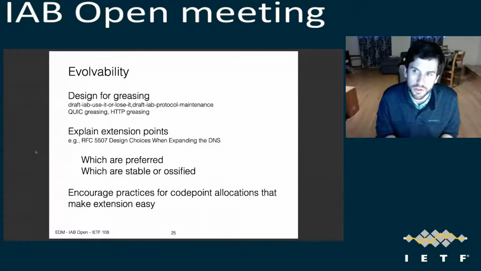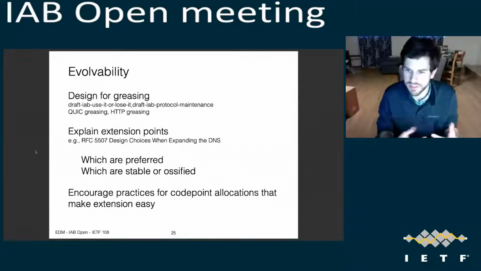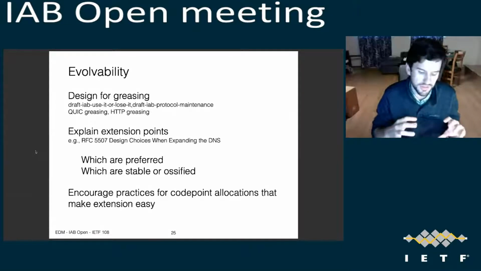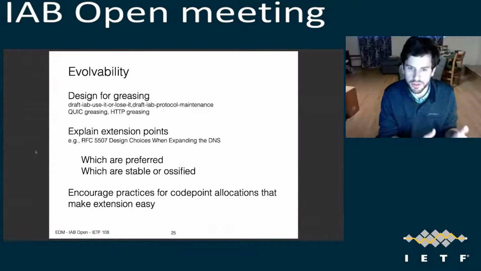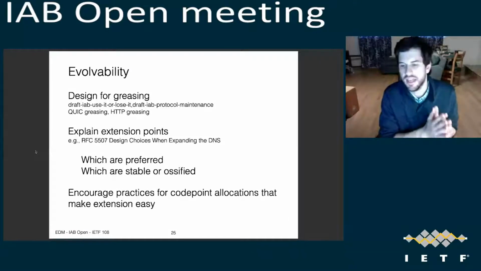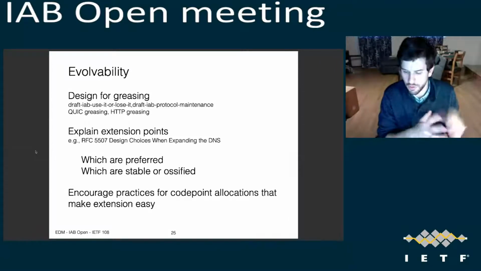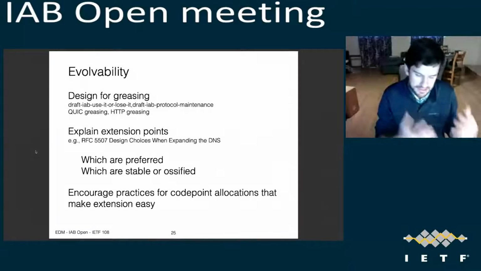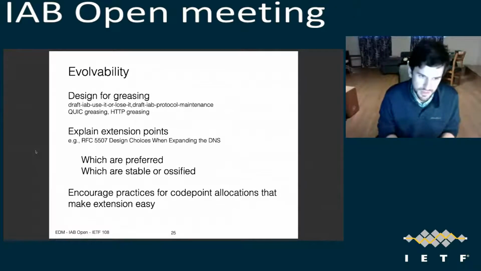We also see work going on in various working groups. QUIC, of course, has a lot of focus on the notion of greasing to make sure that if you have an extensible point in your protocol, that it is used, and that can hopefully ensure that it can continue to be used for new purposes without becoming ossified.